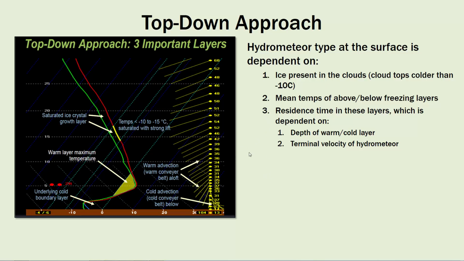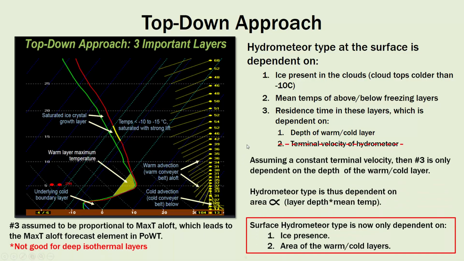And the residence time of our hydrometeor in these layers depends on the depth of the warm and cold layers, as well as the terminal velocity of our hydrometeor. Well, if we go ahead and assume that number 2 here is constant, then this basically breaks down our dependence thermally on the mean temperature of the warm and cold layers, and then of course the depth of those layers.